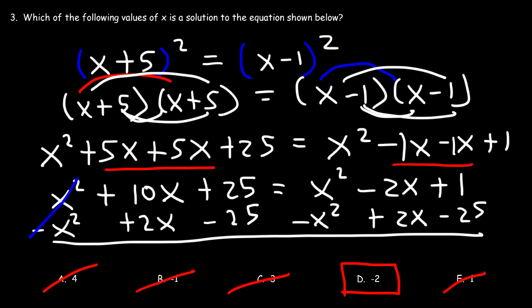Notice that we can cancel the x squareds. 10x plus 2x is 12x. We could also cancel 25 and negative 25, and negative 2x with 2x. Now we can add these two. 1 plus negative 25, or 1 minus 25, that's negative 24.